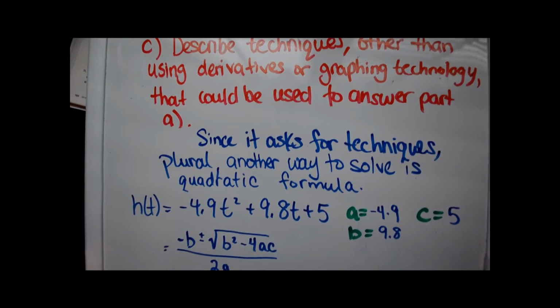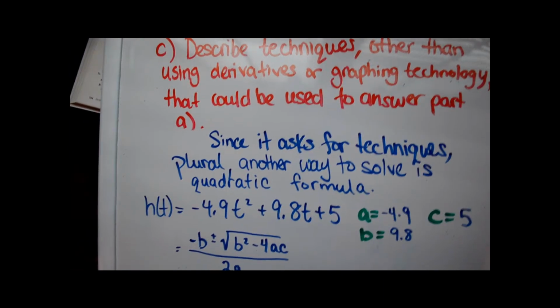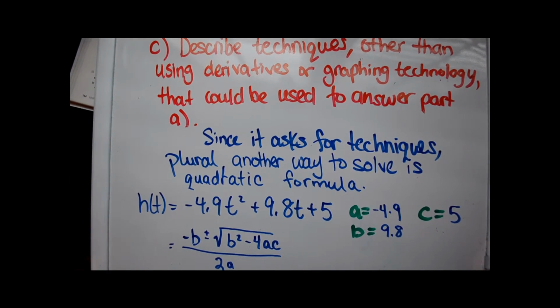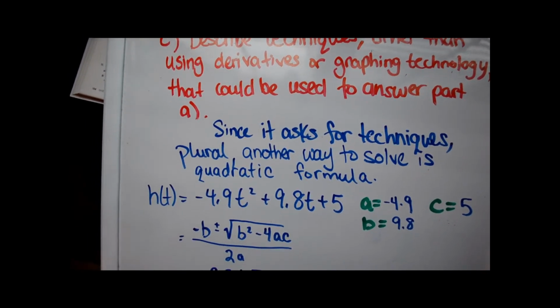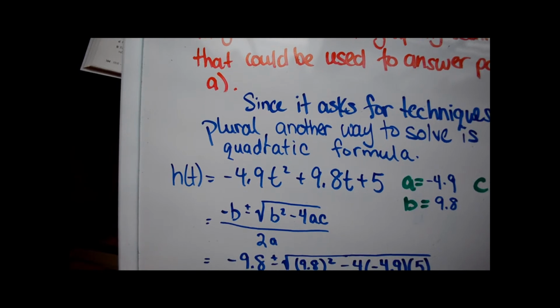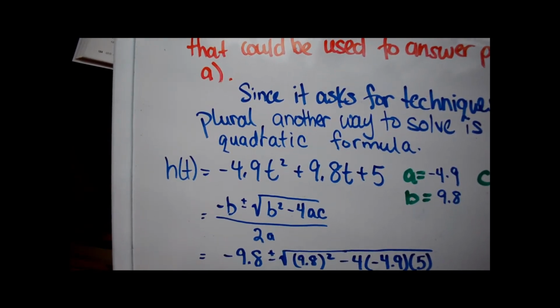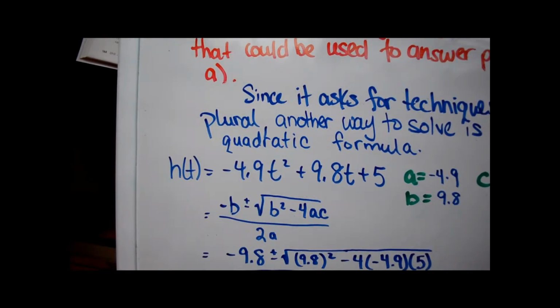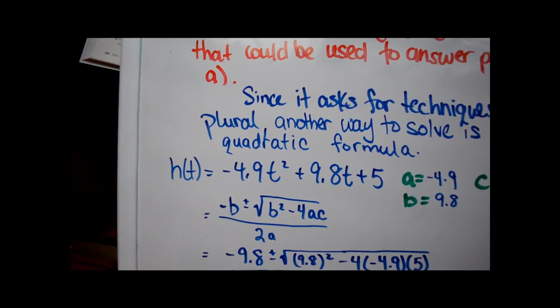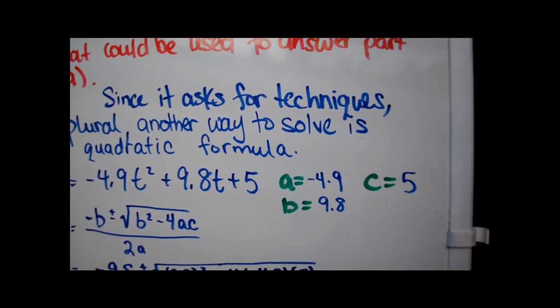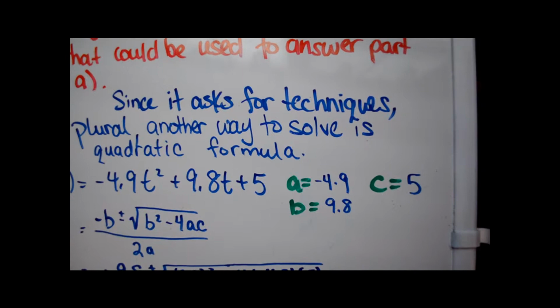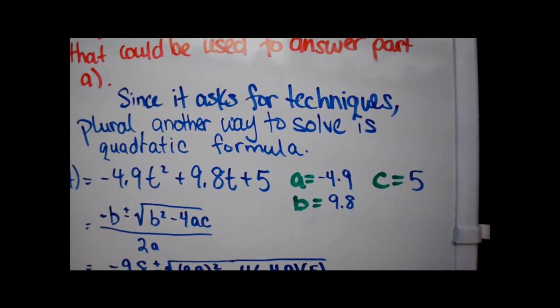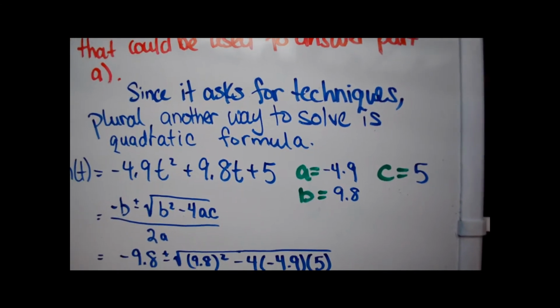Since part C asked us for techniques, plural, another way to solve is through the quadratic formula. So we start off with our original h at t equation, negative 4.9t squared plus 9.8t plus 5. Then we get our a, b, and c values: a is negative 4.9, b is 9.8, and c is 5.